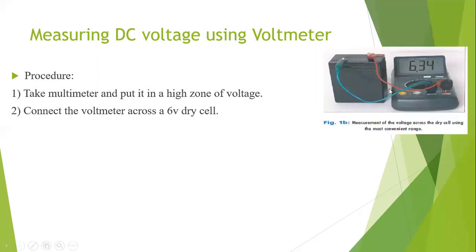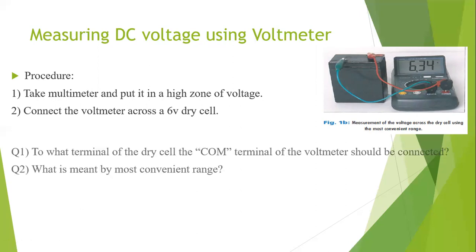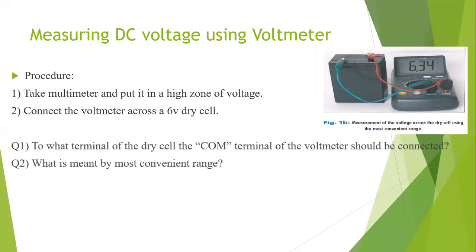As we see here, after connecting the battery to the voltmeter, it gives a voltage of 6.34 volts. To what terminal of the dry cell should the COM terminal of the voltmeter be connected? So it is the negative part, which is here the green or the blue part.